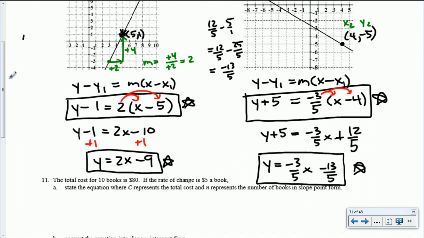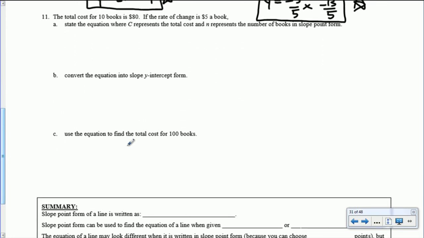Okay, we're nearly done. The total cost for 10 books is $80. The rate of change is $5 per book, so the rate of change is like the slope. State the equation where C represents the total cost and N the number of books.